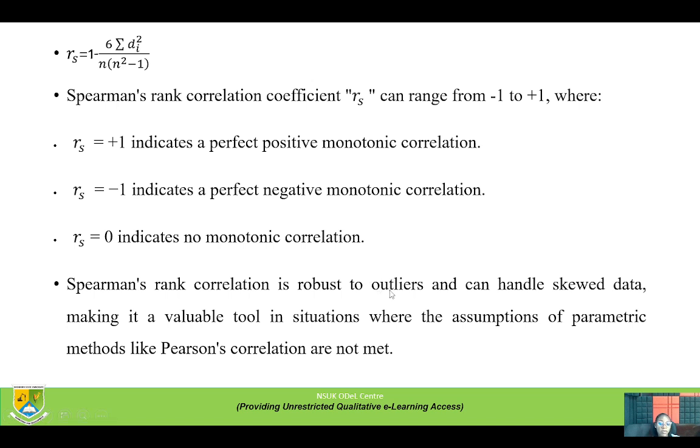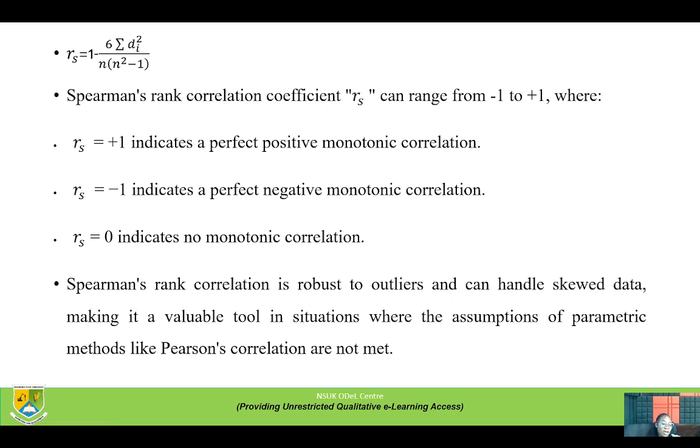They are extreme values that are either too high or too low compared to the rest of the members of a data set. The Spearman correlation is not affected by such values. That's why it's referred to as being robust. It is resistant to extreme values and it can handle a skewed data.